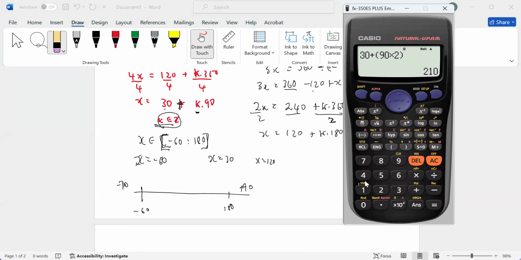Now we're going to use 120. You type it exactly the way it is: 120 plus, and then you open bracket and say 108 multiplied by the values of K that you're going to put. Now you start.